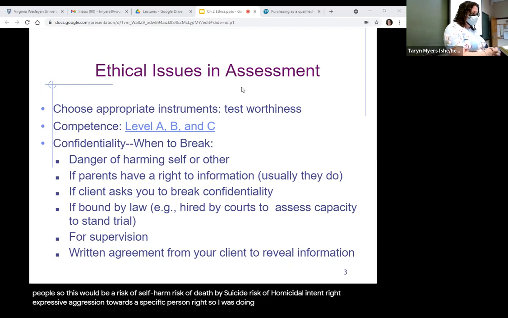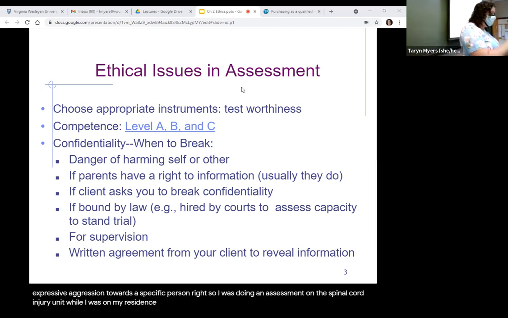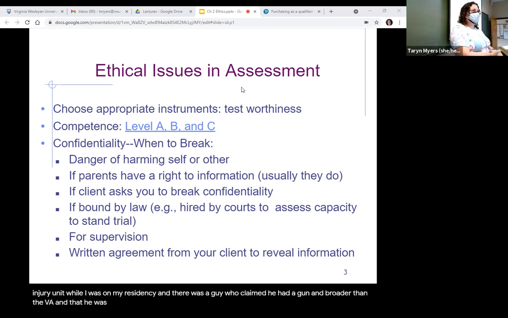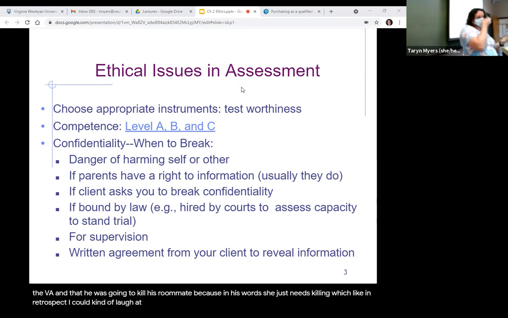So I was doing an assessment on the spinal cord injury unit while I was on my residency. And there was a guy who claimed he had a gun he brought into the VA and that he was going to kill his roommate because, in his words, she just needs killing. Which, in retrospect, I could kind of laugh at, but at the time was terrifying, right?